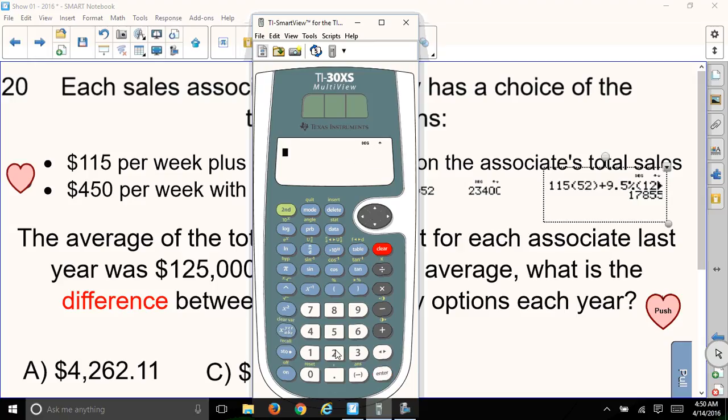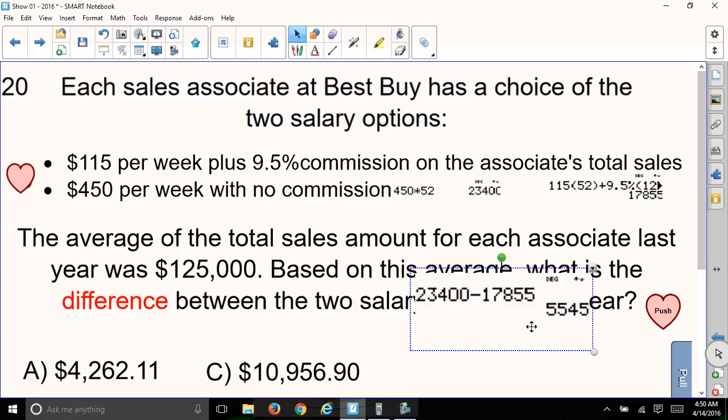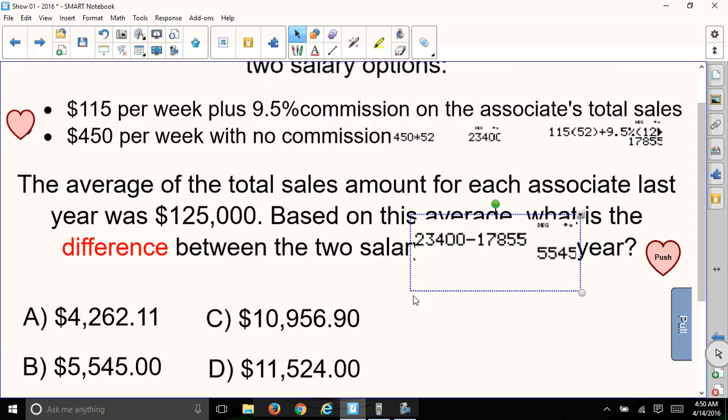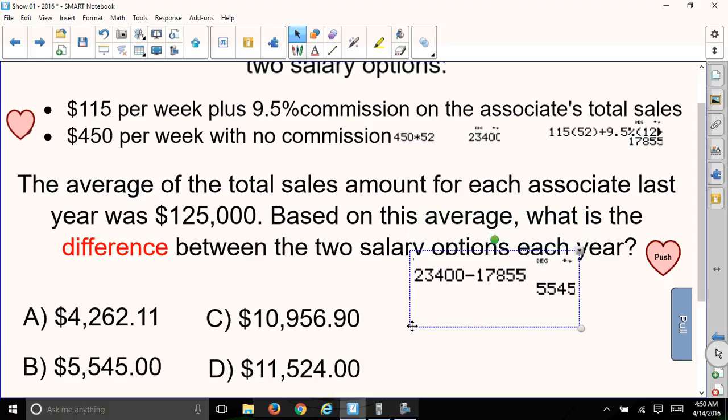We got 23,400, and we're going to subtract $17,855 and see what that equals. $5,545. That is the difference between these amounts. And there it is, choice B. So I go with choice B as my answer.